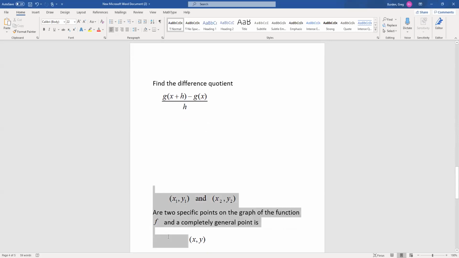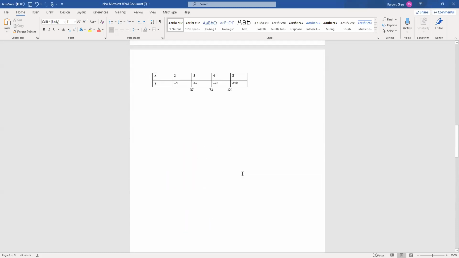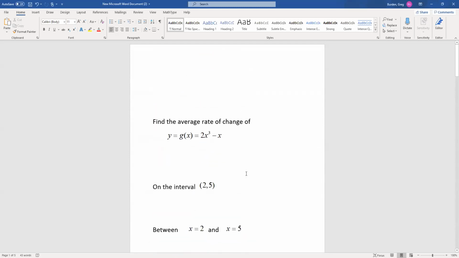So what we have here, I could type this out using MathType. It would certainly be a lot neater, but we'll look at our function and see how to do the algebra here, working it out on the whiteboard. So again, our function is 2x cubed minus x.